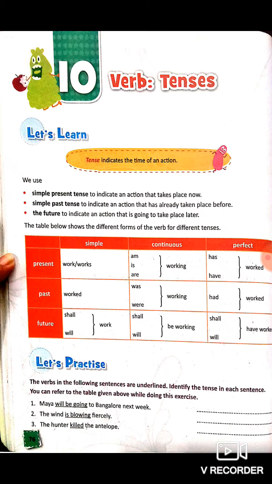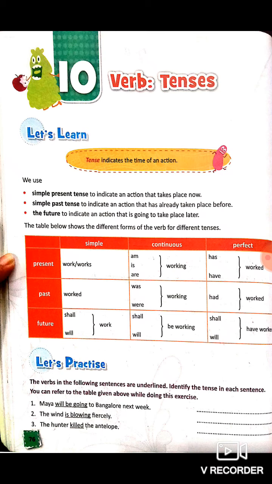In the past, we use worked, that is the second form of the verb, work plus ed. In the continuous, since it is past, we use was or were, was for the singular and were for the plural, was working or were working. In the perfect form of the past, we use had plus the past participle form of the verb, that is worked, had worked.